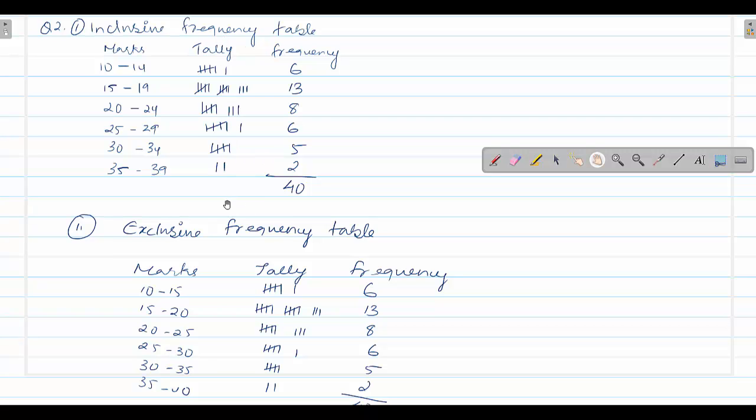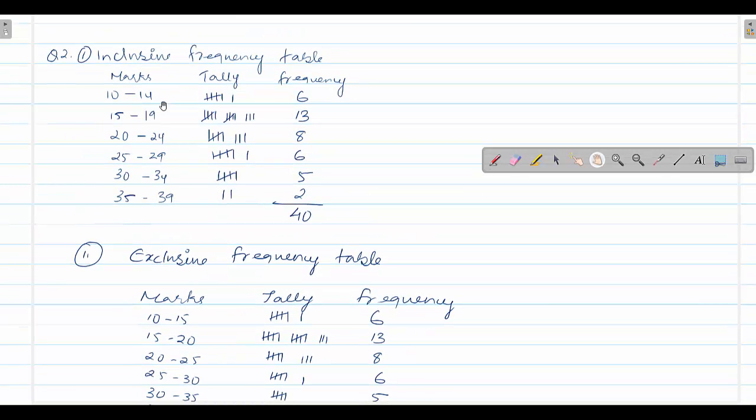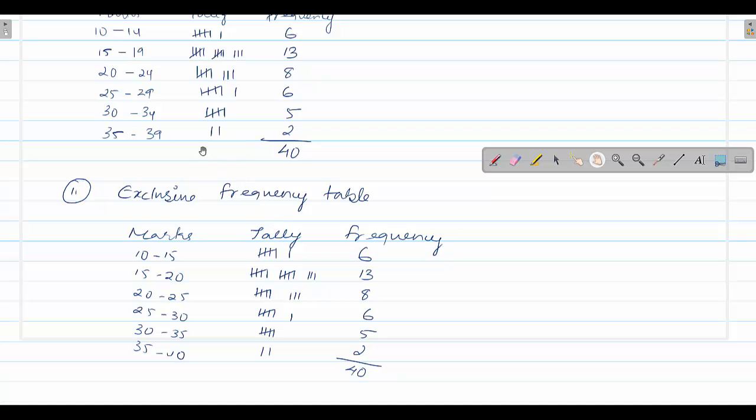Now, how do we make it exclusive? Similarly here, you don't have to add or subtract anything if you are asked to make a table of 5 in the exclusive method.